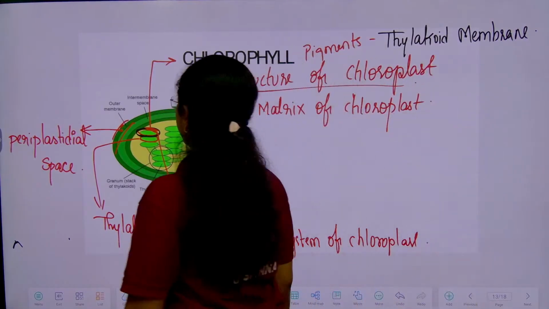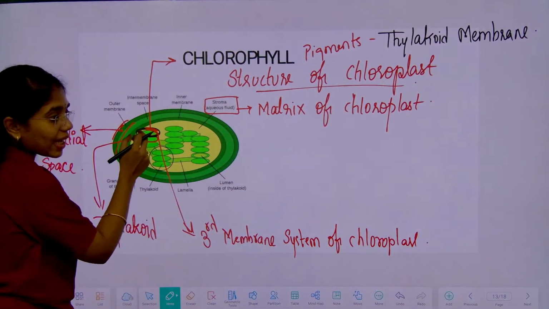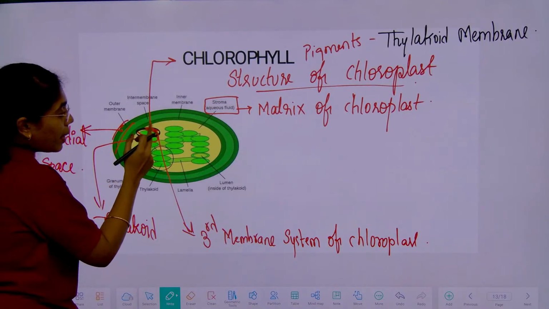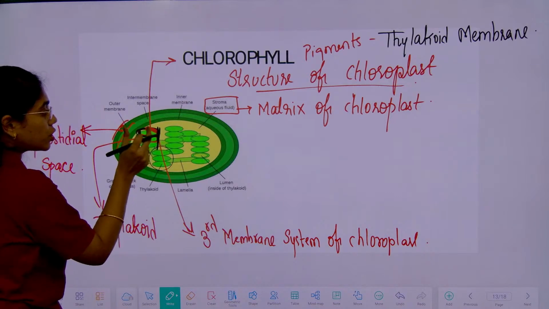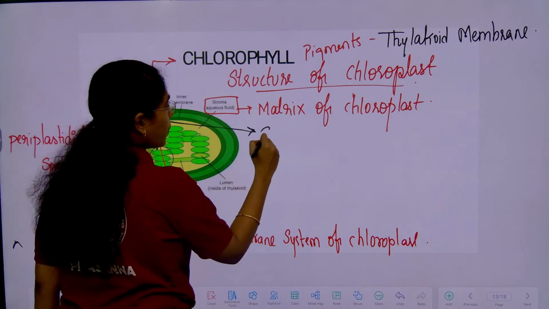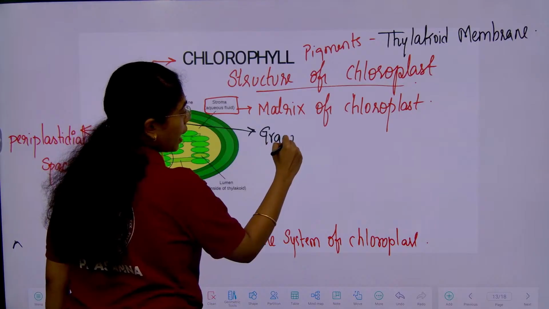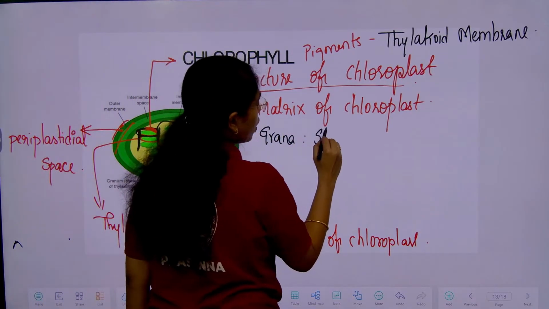Right? And this single sac is known as thylakoid, and its membrane is known as thylakoid membrane. A stack of these sac-like structures is known as what? Grana. Grana is a stack of thylakoids.